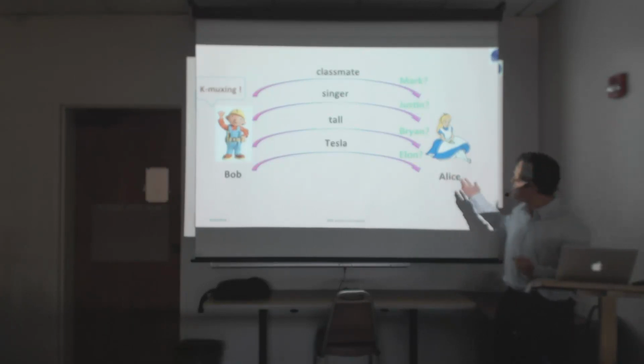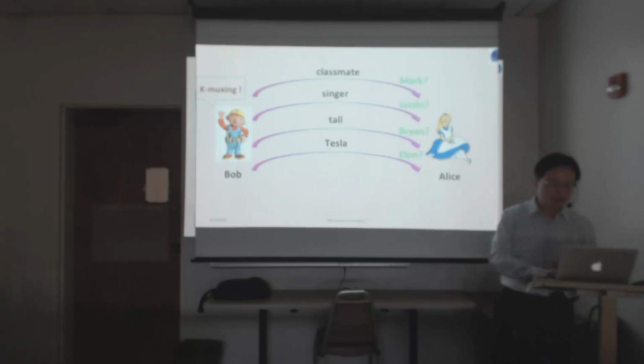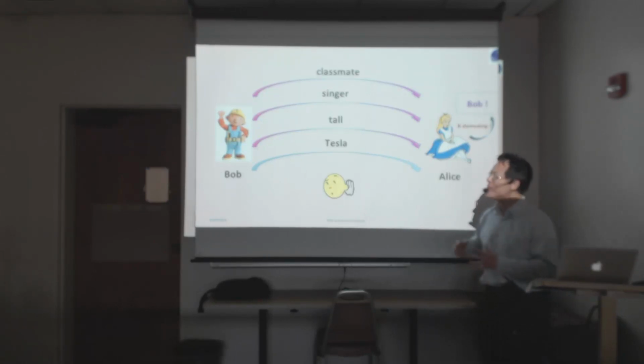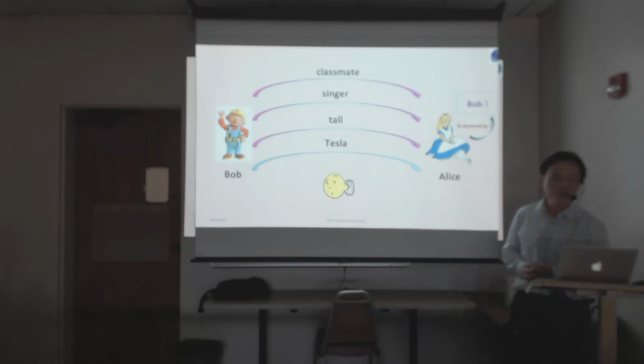So after putting all of these ambiguous pieces of information together, because Alice is wise and smart, she applies the principle of K-demuxing, and ping, she figures that out. Oh, it must be Bob who sent me these messages.